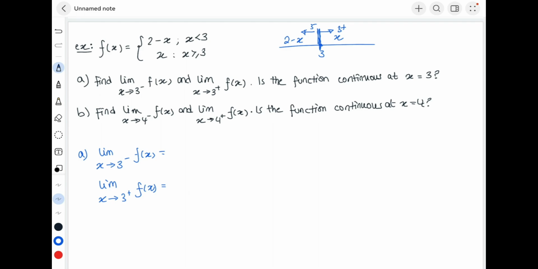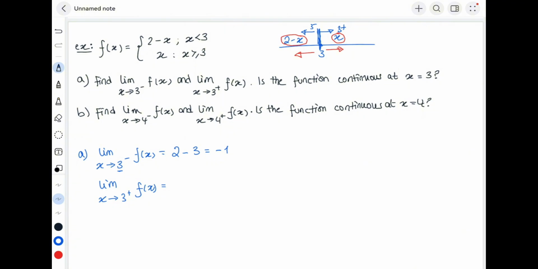First, to find the limit as x tends to 3 minus, we'll be looking here, which tells us for 3 minus, we'll be using our function 2 minus x. So we'll have 2 minus x, our x here is 3. So 2 minus 3, which is negative 1. Now, for the limit as x tends to 3 plus means here, and we'll have the function x.